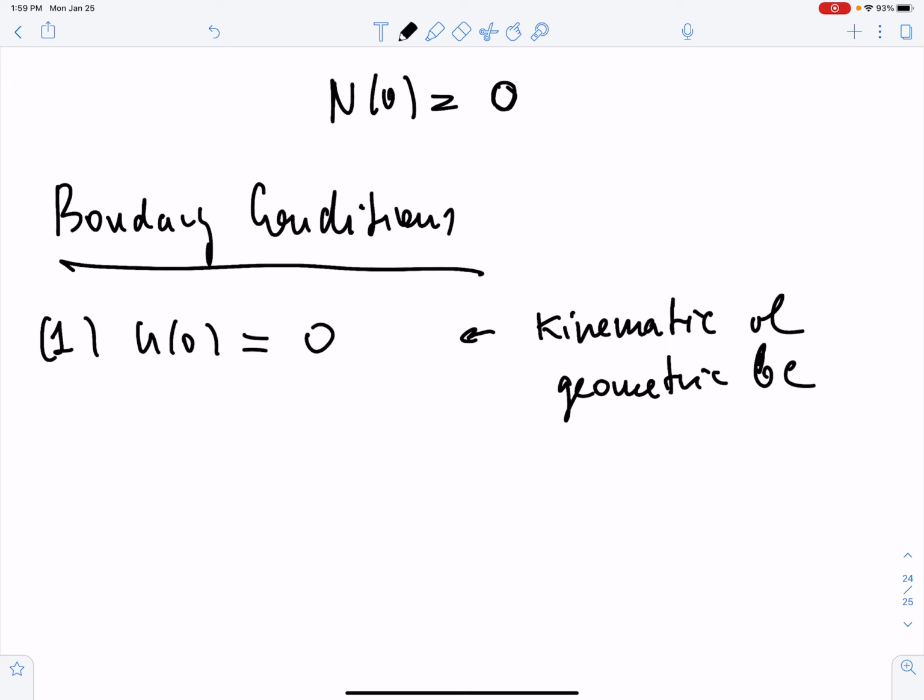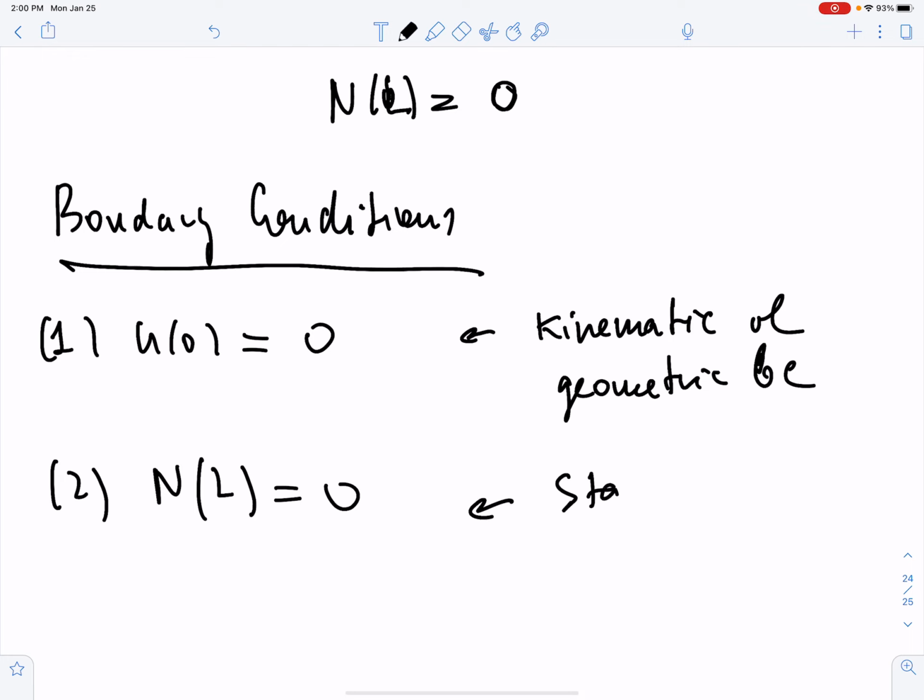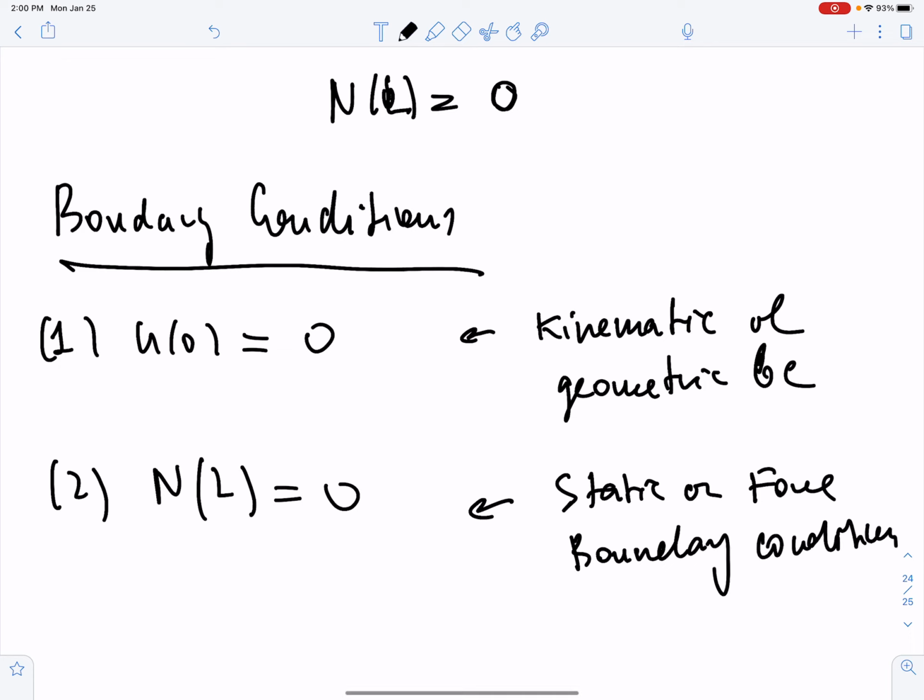You know that your structure is not going to move at that location, so you have to build that into the solution. And you have another one that says N of L equals 0. This is the so-called static or force boundary condition. So I will use mostly kinematic and force.